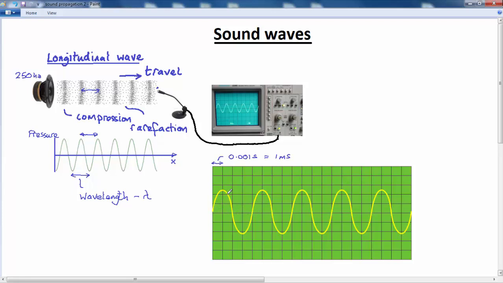So looking at the screen, we can see that to complete one cycle, that's to say, to go from here to the peak, back again to the trough, then back again, is equal to exactly 1, 2, 3, 4 squares. So we can say that's 4 milliseconds.